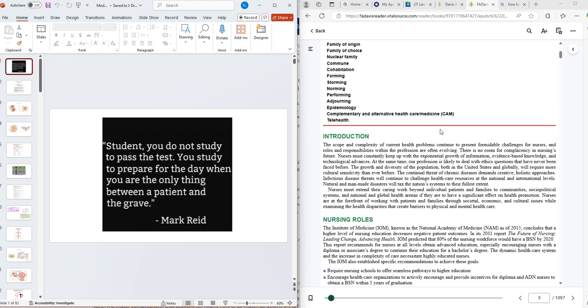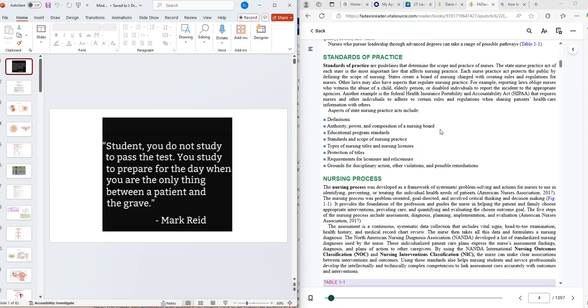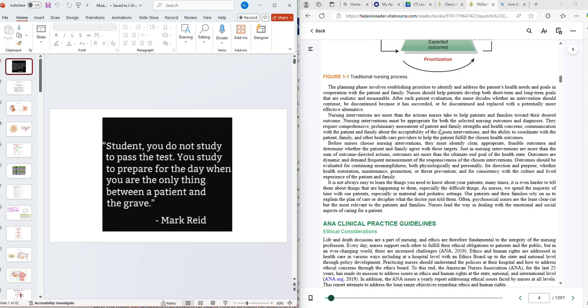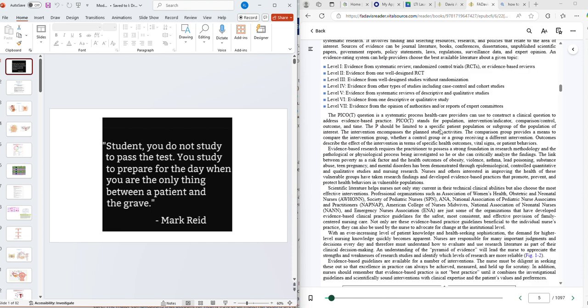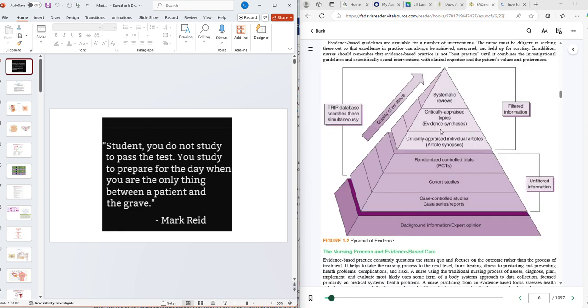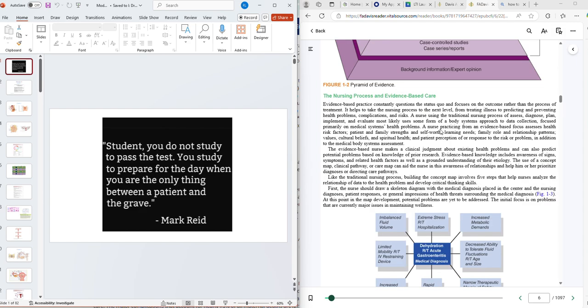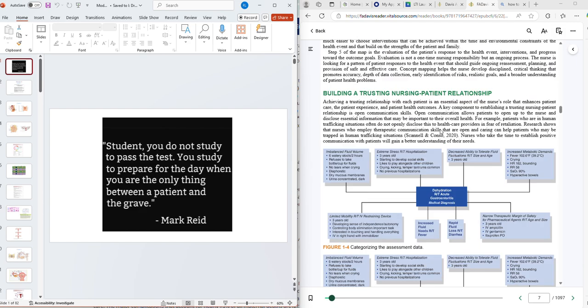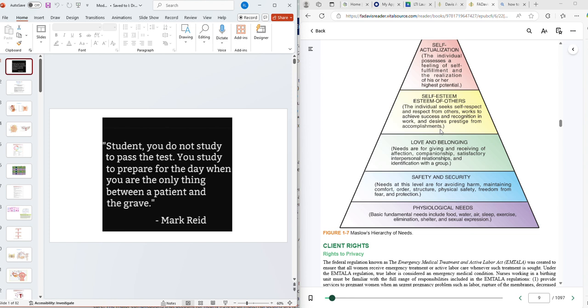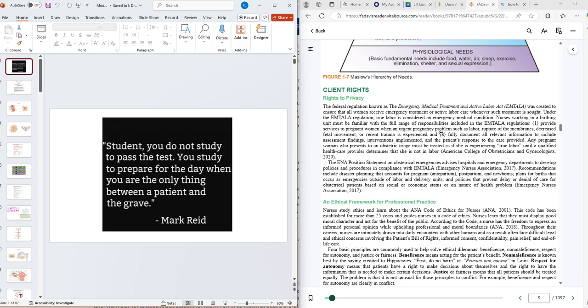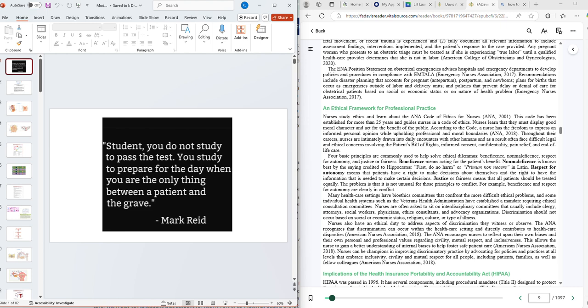It starts by talking about nursing roles, standards of practice, nursing processes, clinical practice guidelines through ANA, and then it shows you the pyramid of evidence, building a relationship with your patient, and then Maslow's hierarchy. And this is on page 9. It coincides with the page number down here for your book.